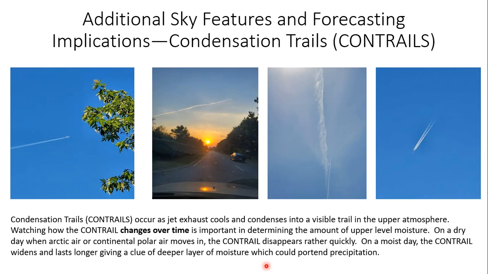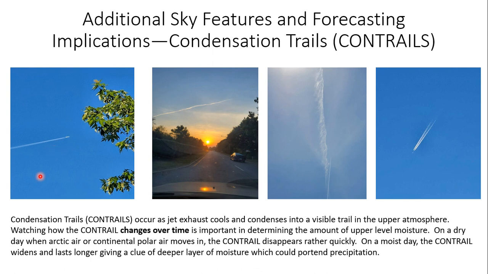Additional sky features and forecasting implications. I like to pay attention to these, you may have noticed them when you look up at the sky: condensation trails, abbreviated contrails for short. Now, these contrails exist as jet exhaust cools and condenses into a visible trail in the upper atmosphere.